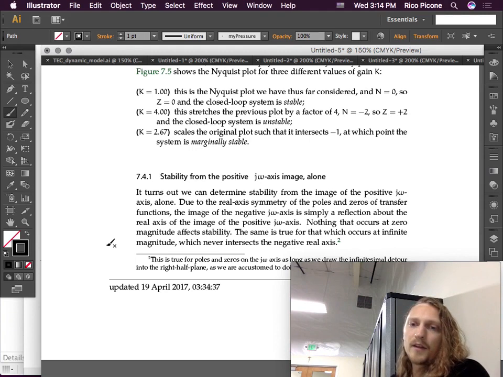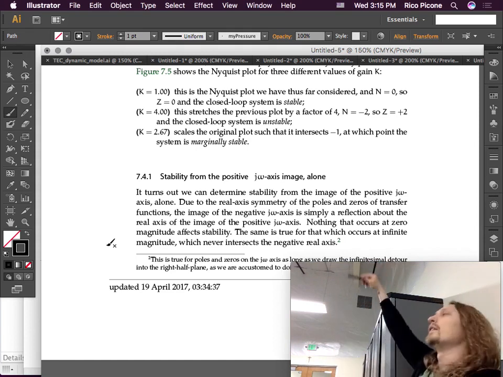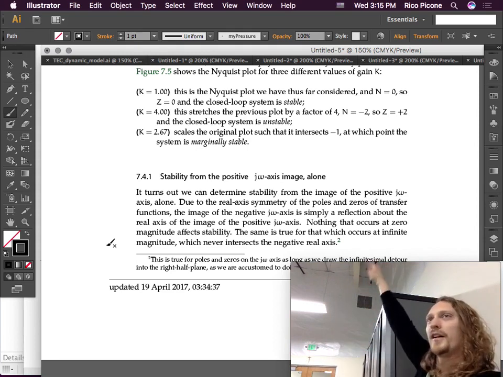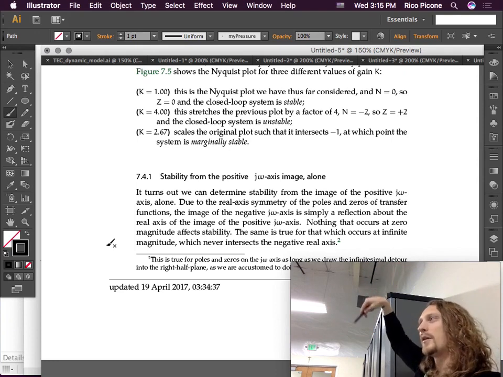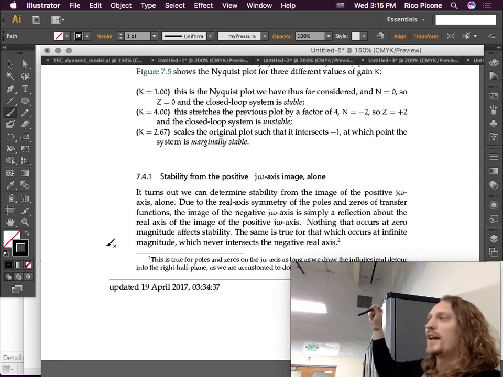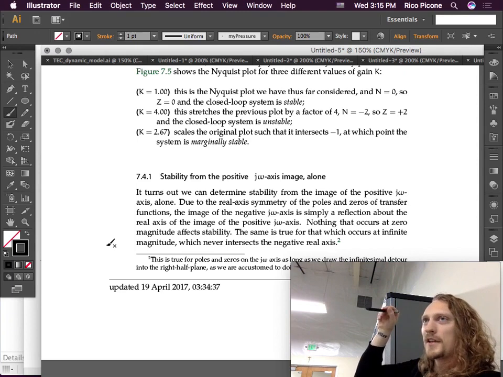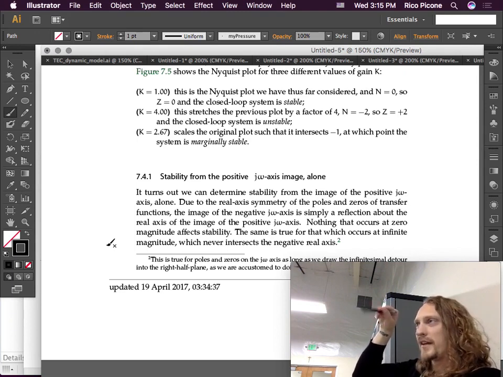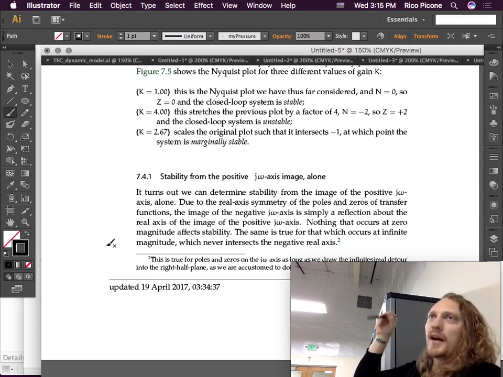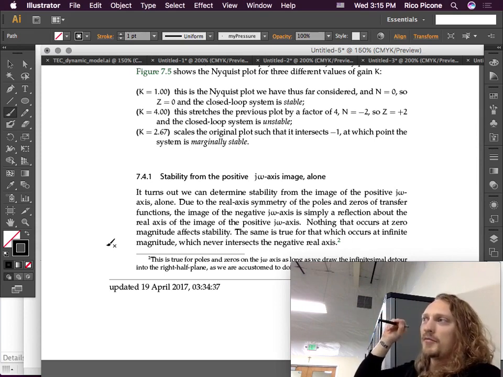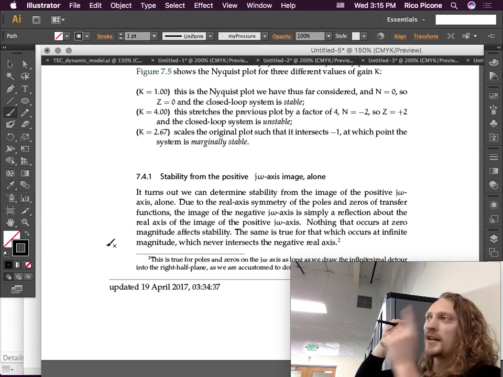Nothing that occurs at zero magnitude affects stability, because you're never going to be encircling -1 when your magnitude is 0, right? So that whole infinity part of the contour that we mapped always ends up hovering around 0 and just changing phase, right? But that thing could go in like 50 circles. It's irrelevant to stability because the -1 is over here.